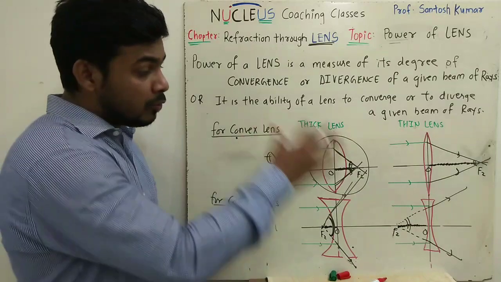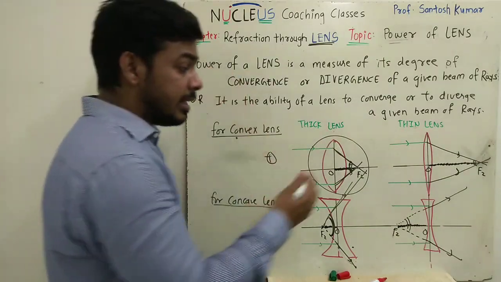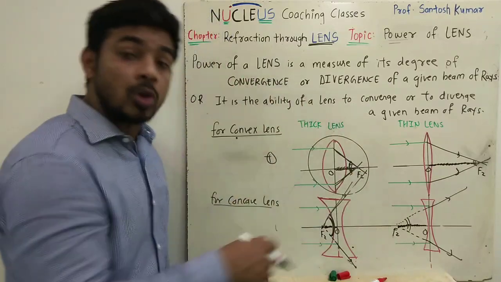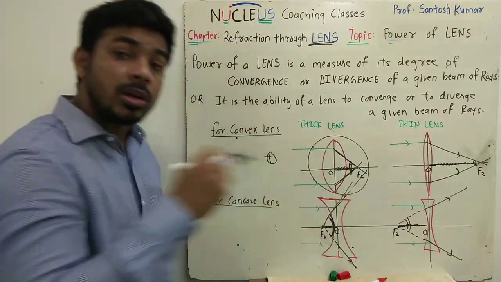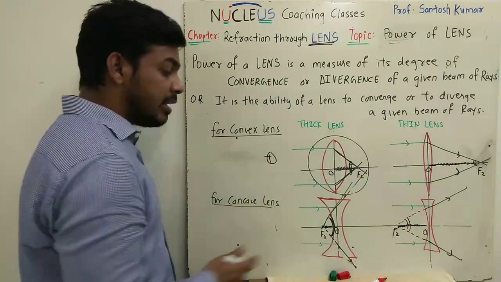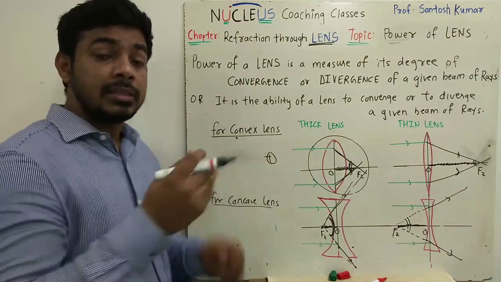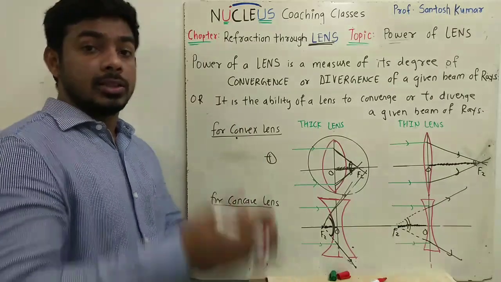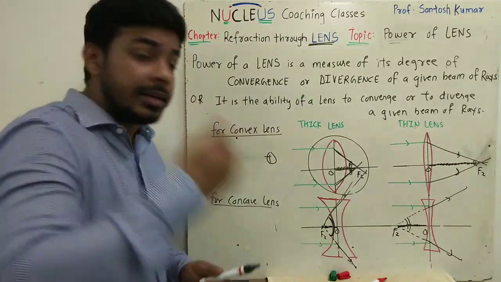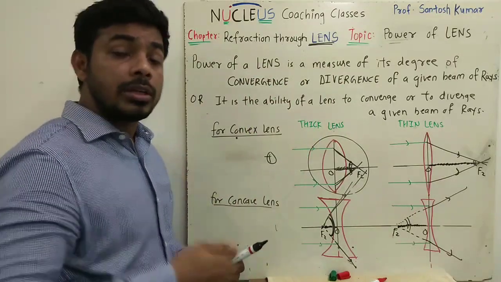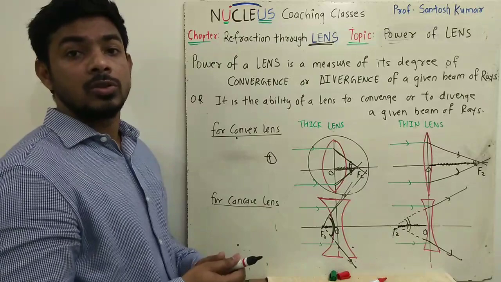What we can conclude from this figure is that the convex lens having a shorter focal length produces more convergence, whereas the concave lens having a shorter focal length produces more divergence. That means the shorter the focal length, the greater is the degree of convergence or divergence.